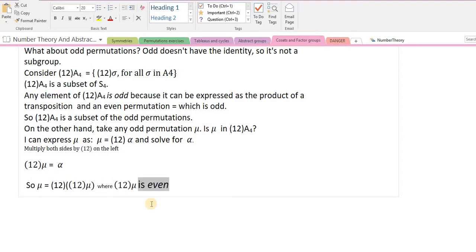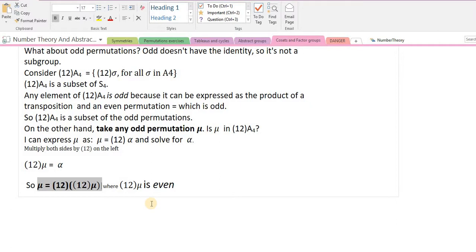All right, so what does that tell me? So that was a long way around. Here I said take any odd permutation mu. This was where I started, and here I said mu is equal to this. That was the conclusion.